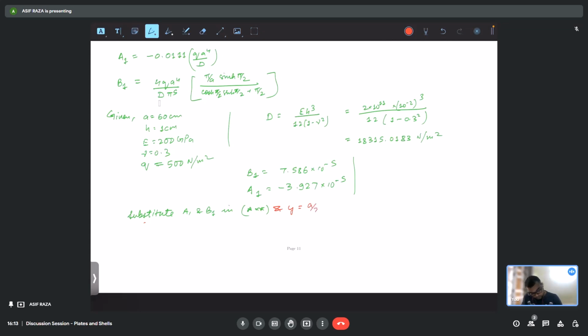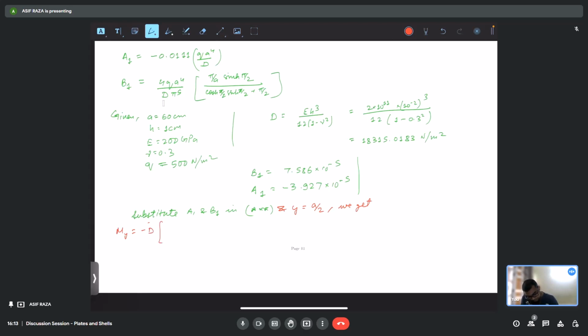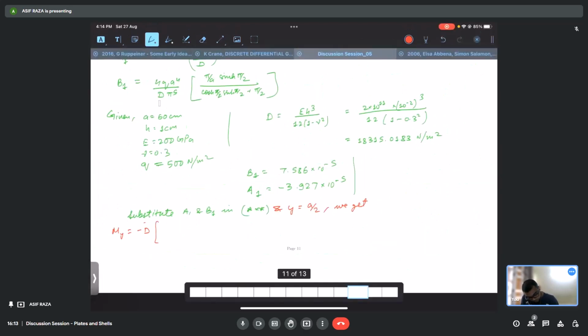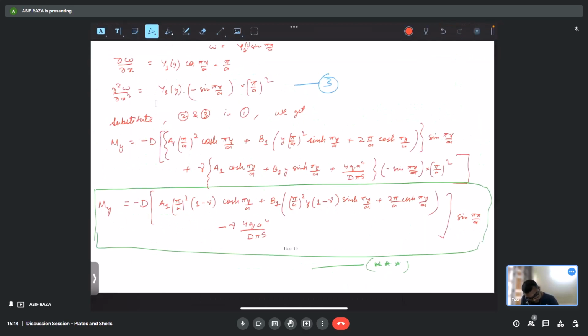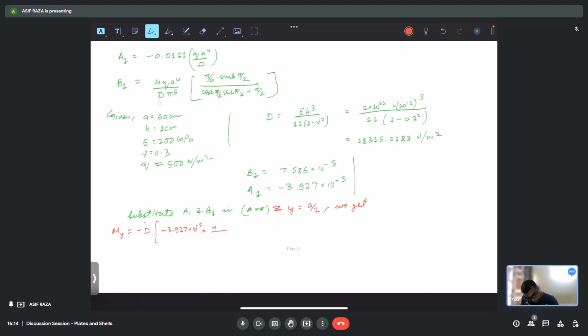So we take one of the cases and we get y equal to minus a/2, so minus 3.927 into 10⁻⁵ by 1.6 whole square, 1 minus 0.3, cosh(πy/a).